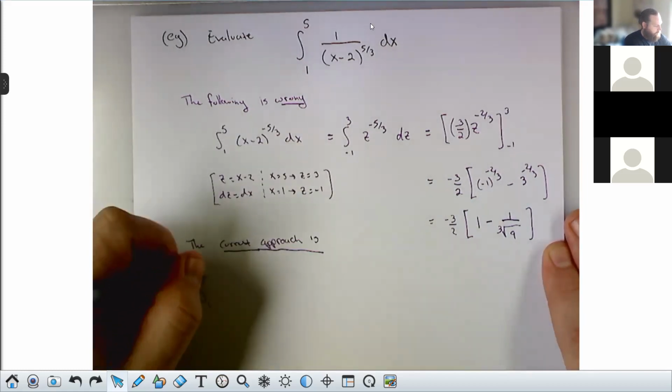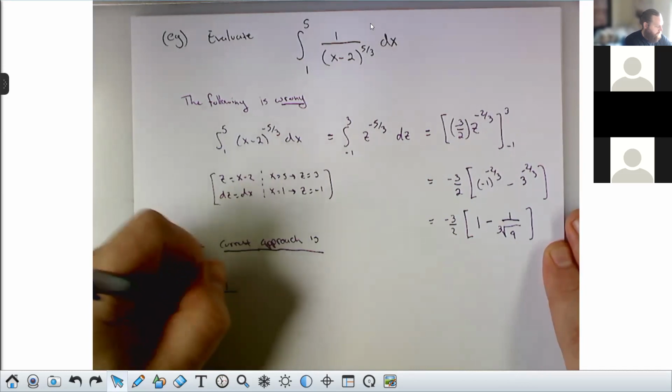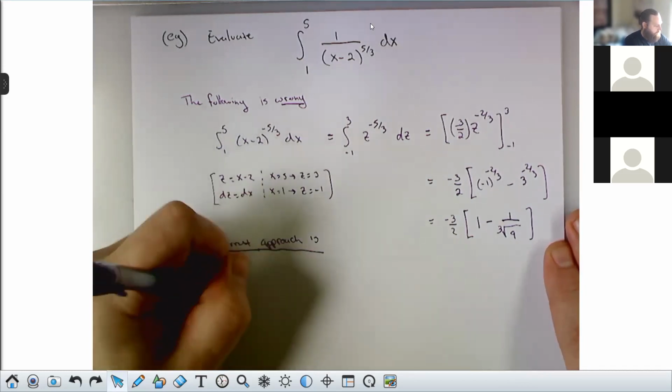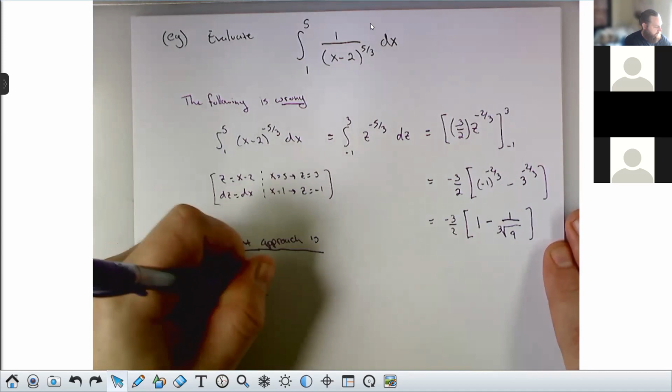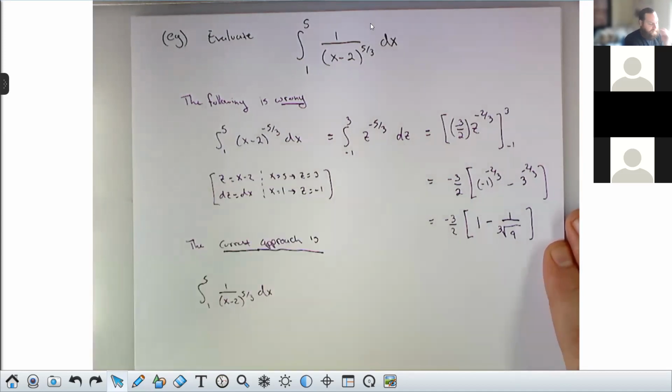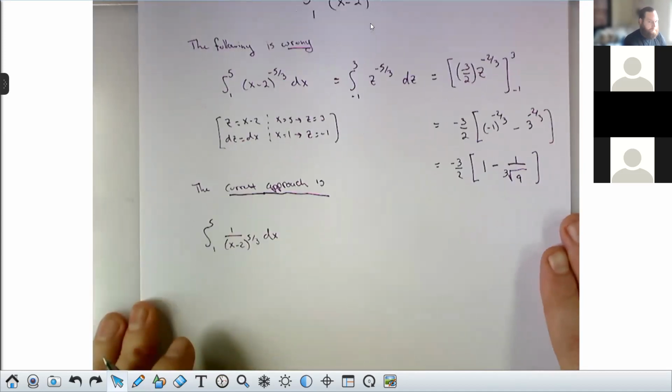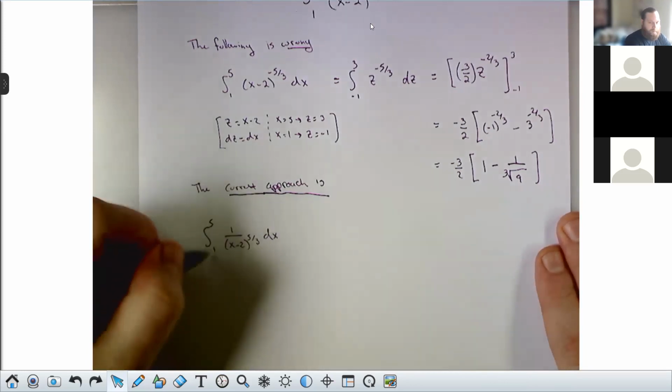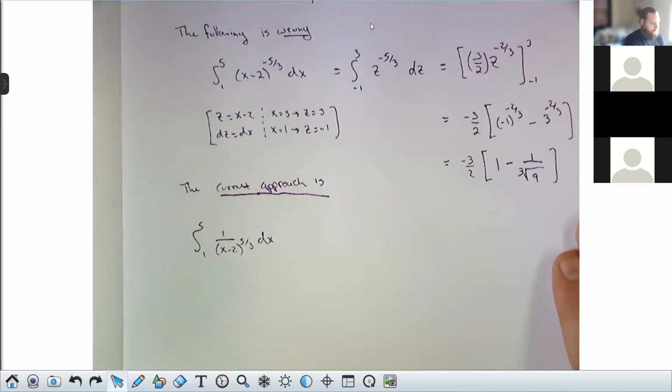Let's take the integral from 1 to 5 of 1 over x minus 2 to the 5/3 dx and split it up. The problem is in between the bounds. It's not at either of the bounds themselves.